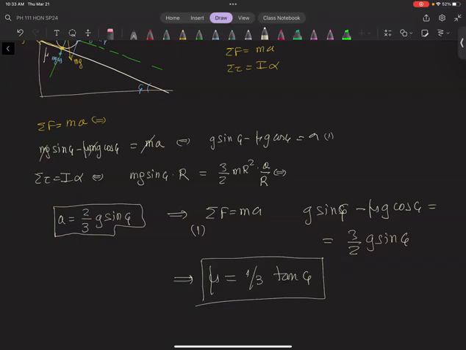Folks, what did we say in the very, very first place? What did we assume? What was the only assumption that we made? That is the only assumption we made. No other assumption was made, yes? That we have pure rolling.